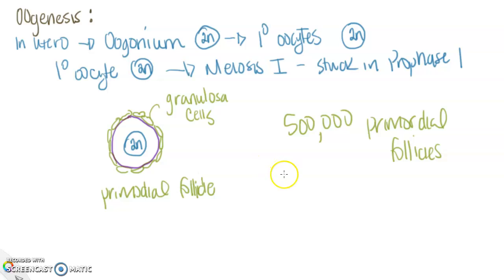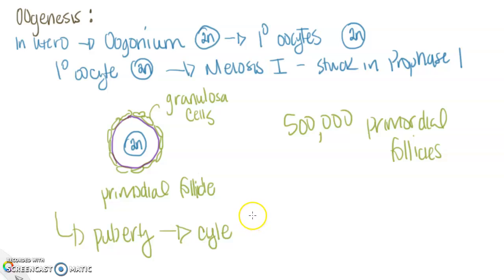So this sort of holds like this, it's sort of frozen this way. And then once we get to puberty, so at age 13, 12, whatever, things start to change because we start to go through the process of the menstrual cycle.